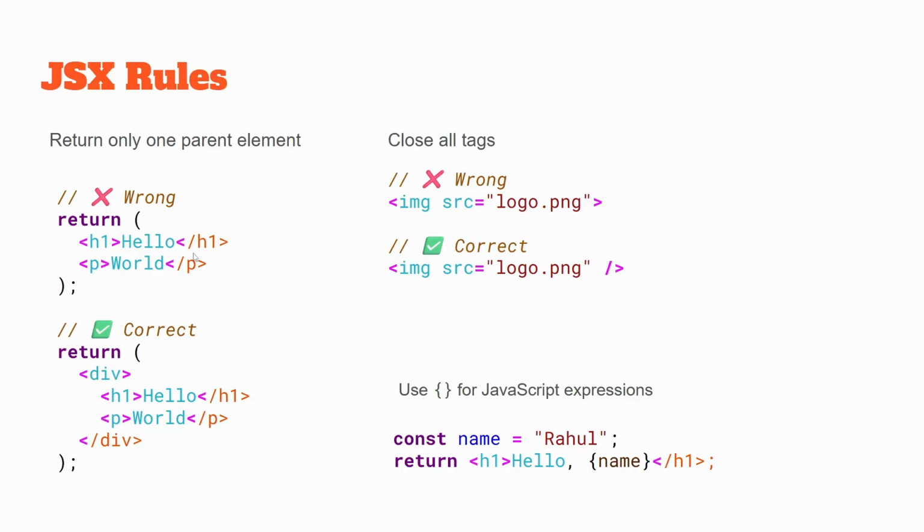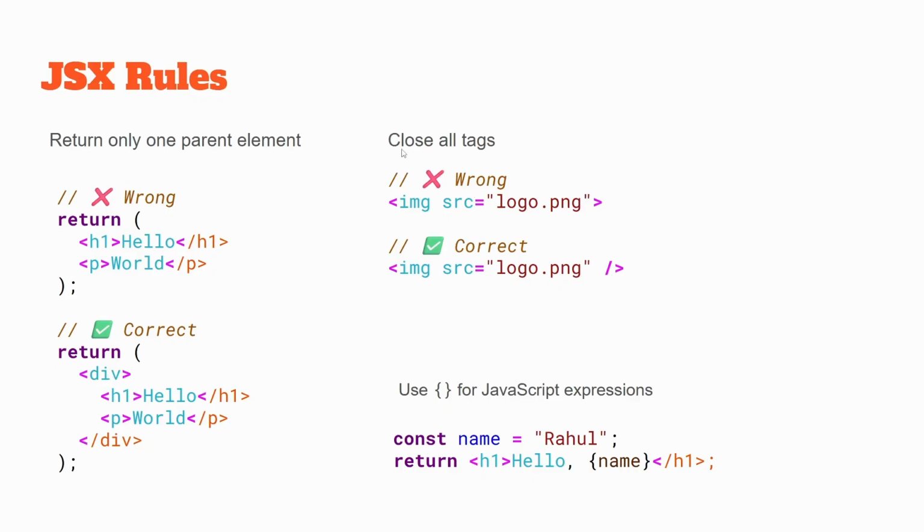So this is not allowed. It can return only one element. Like for example here, if you want to return h1 and paragraph, first you put it inside a div and then you return that div. So this will remove that problem. Okay, it will now return only one parent.